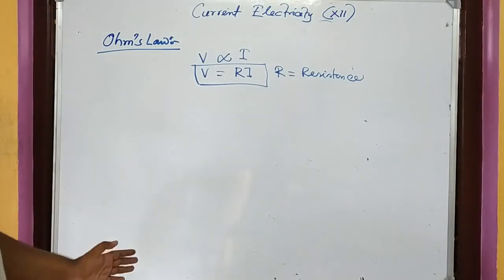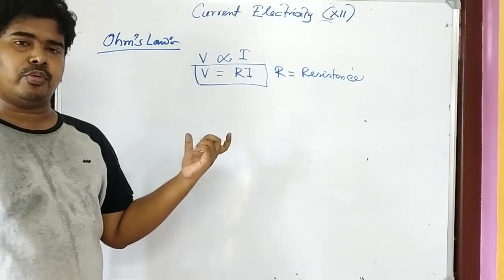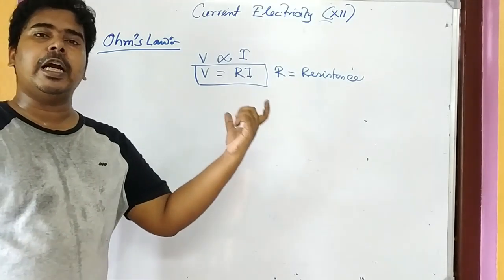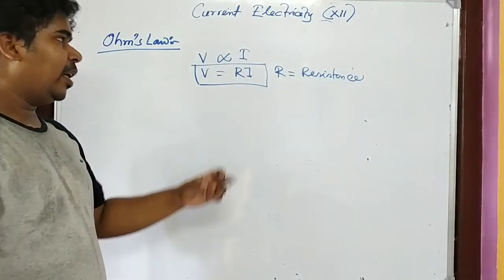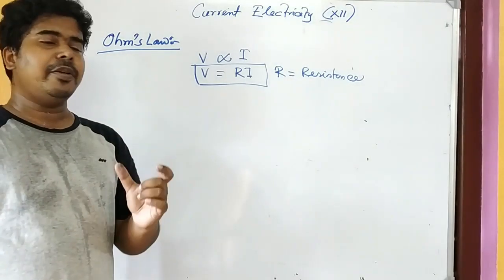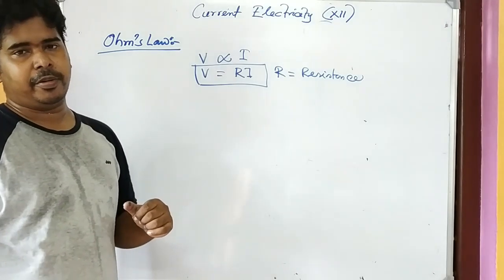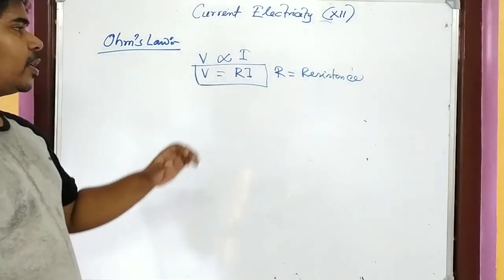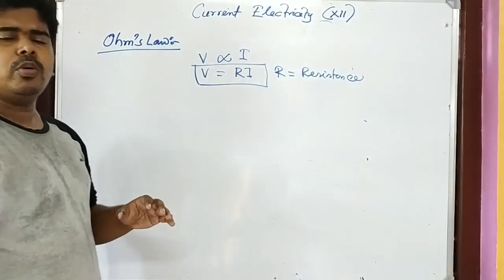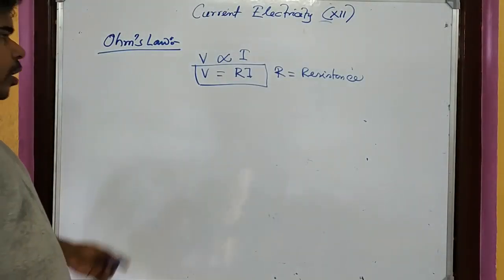Definitely, if you give the same potential difference to different conductors, the amount of current will be different, because for different conductors the value of resistance will be different. As the value of resistance is different, the amount of current passing through the conductors is also different.